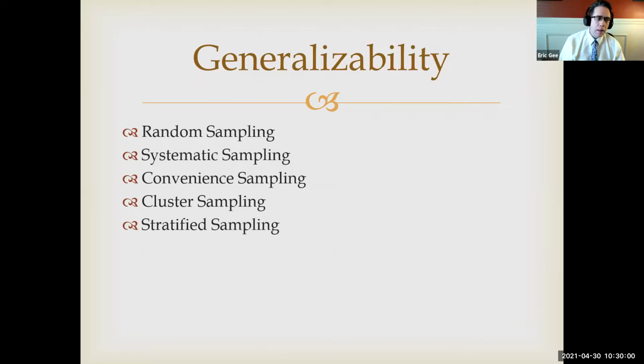Now, there is a variation on random sampling called systematic sampling. In systematic sampling, you don't necessarily pick randomly out of a hat. You count off on the elements. So let's say I wanted to do my study with all of the college students at BYUI.